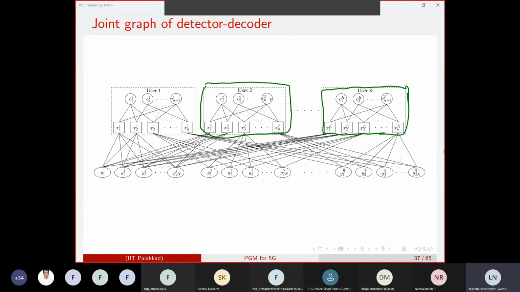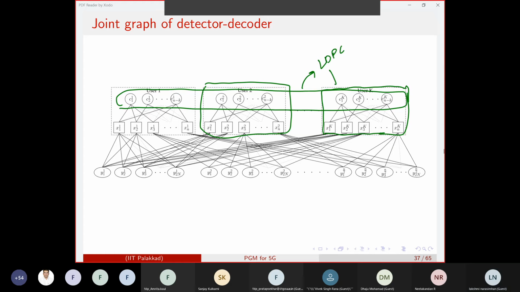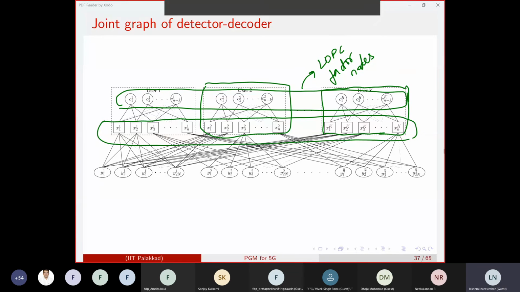So these are the LDPC check nodes, the factor nodes that correspond to LDPC. And these are the variable nodes of LDPC.